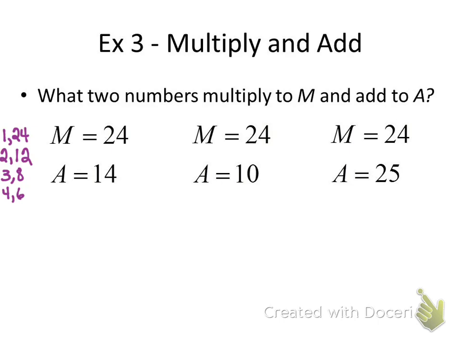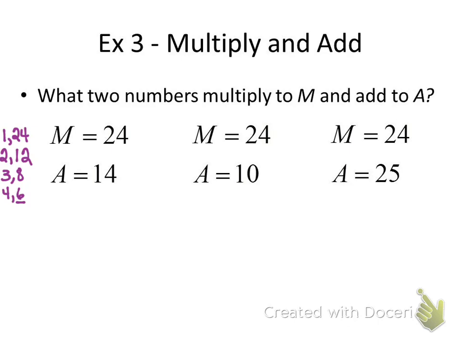The multiplication chart would help. Can you multiply 5 by anything to get 24? No. What about 6? Yes, but we already used it, right? So I can now stop because I have all my factor pairs of 24.